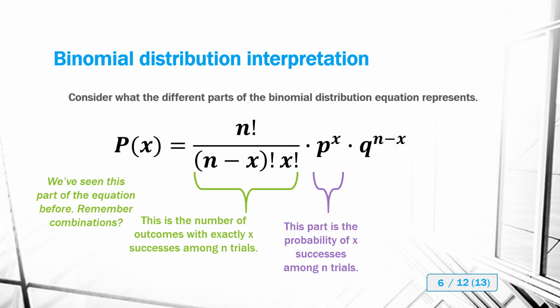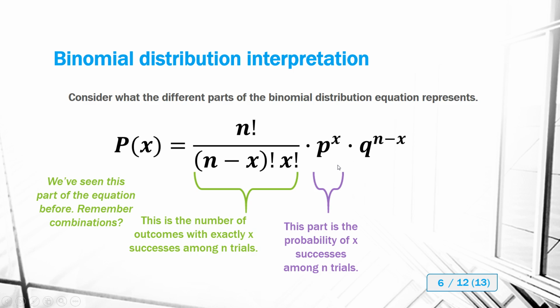Now, looking at this part of the equation, we see that P is the probability of success. Okay, so if we have, say, 5 trials and 3 of them are successful, we're going to want to take that probability of success and multiply it by itself 3 times to represent the 3 successes.